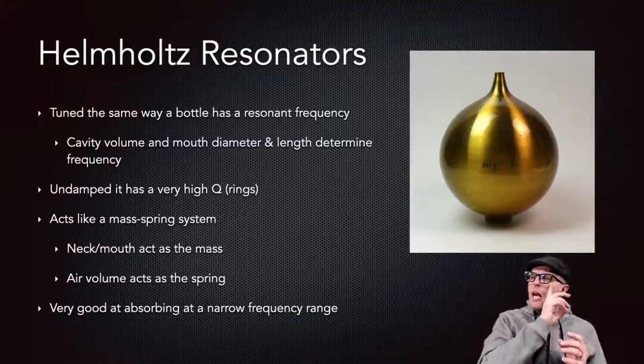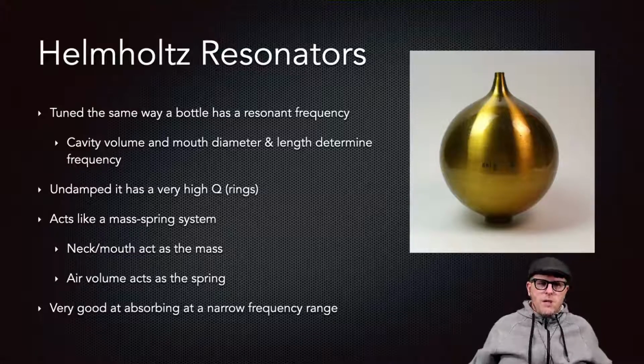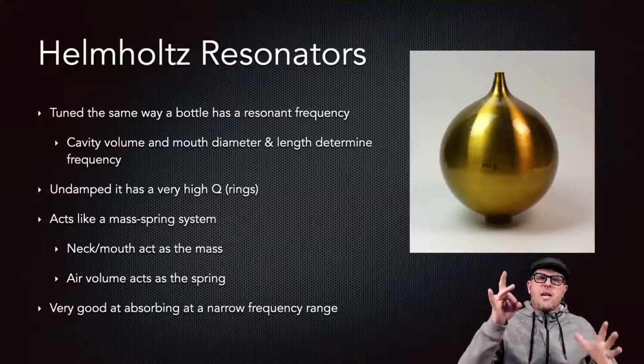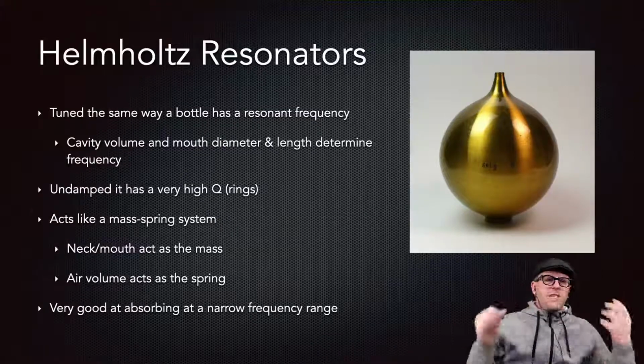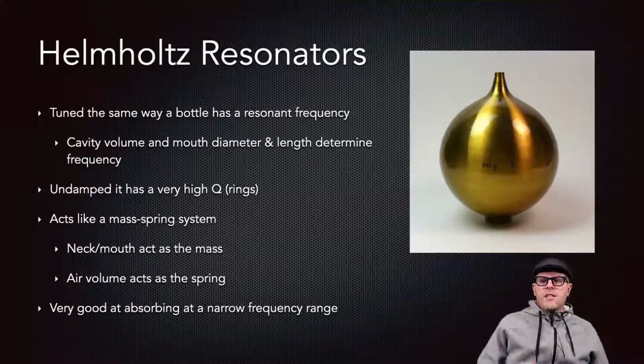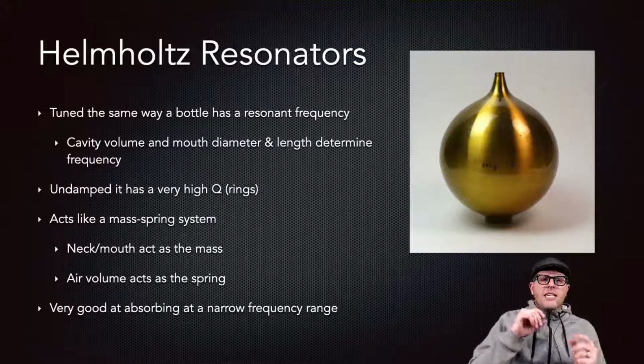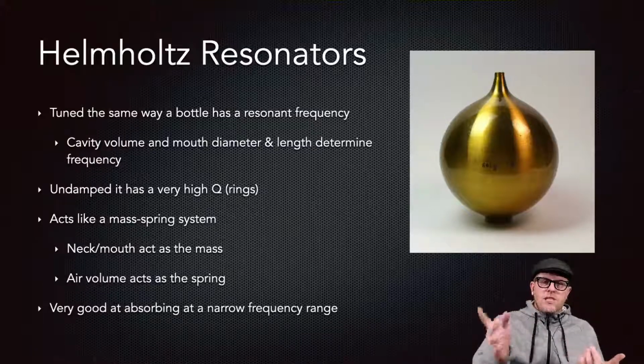If I keep the top the same and make the bottom bigger, it gets lower in frequency, because the mass stays the same but the spring gets looser, just as we did in the first week of school. If I make the volume smaller, the air acts as a tighter spring, and therefore the resonant frequency goes up.